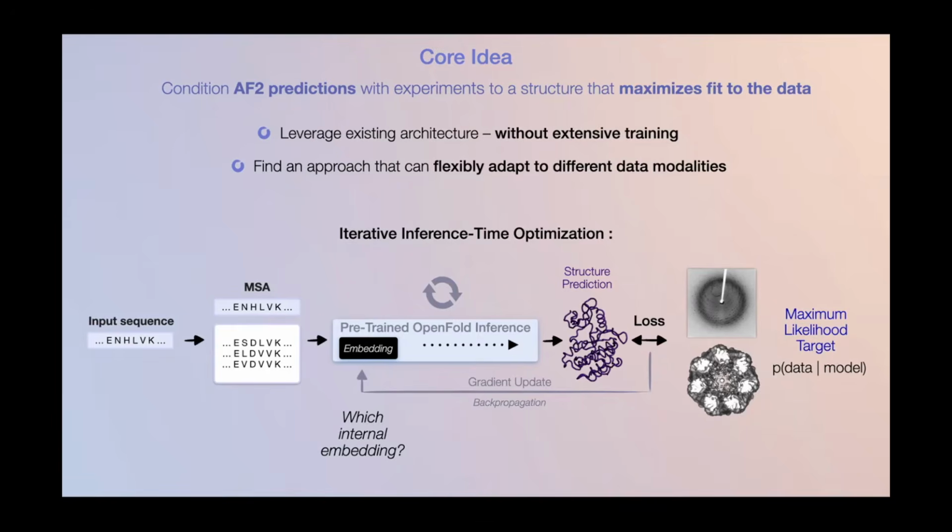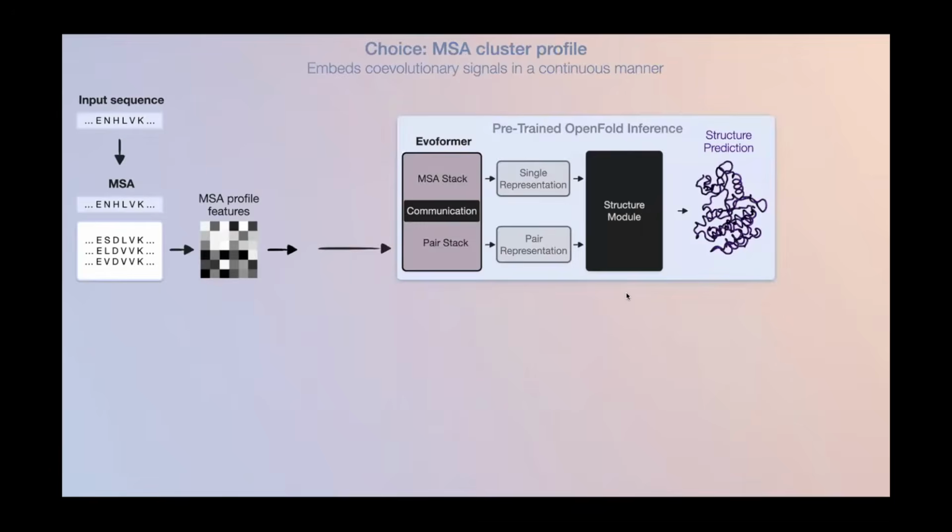We've outlined this in our preprint, and I won't go over it here, but the key conclusion we came to is that we adapt and modify the coevolutionary information, this continuous embedding that AlphaFold has for coevolutionary information. What Rocket does is use this initial embedding at first, just like the vanilla AlphaFold embedding.